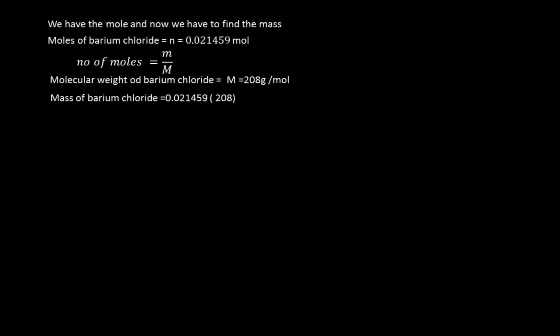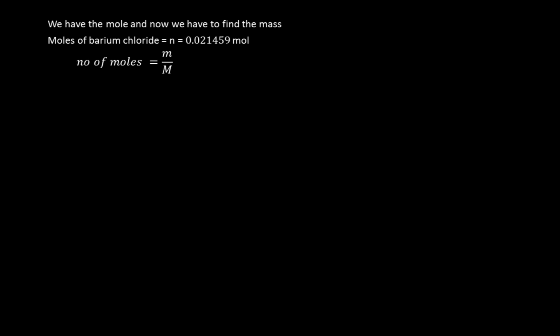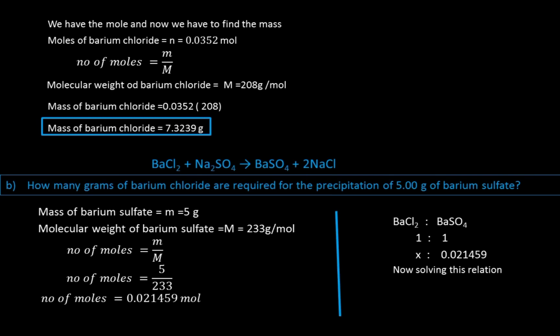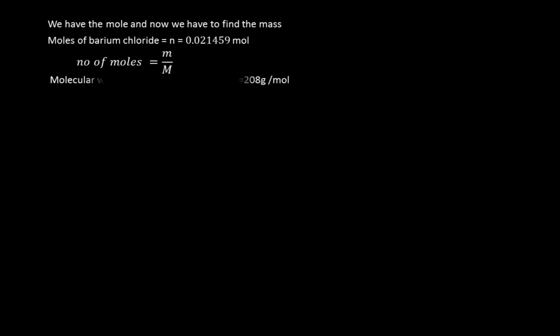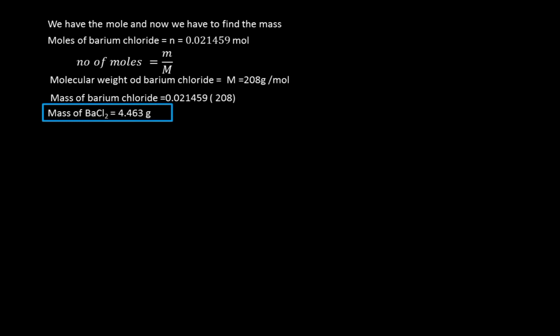Putting these values in the above relation, we get the mass of barium chloride to be 4.463 gram. So this is the mass of barium chloride that would be required if we want 5 gram of precipitation of barium sulfate. So this is the answer, my dear friends.